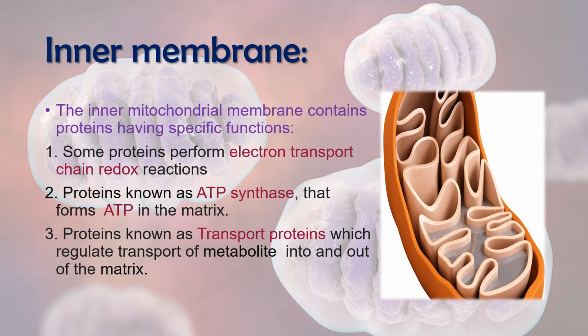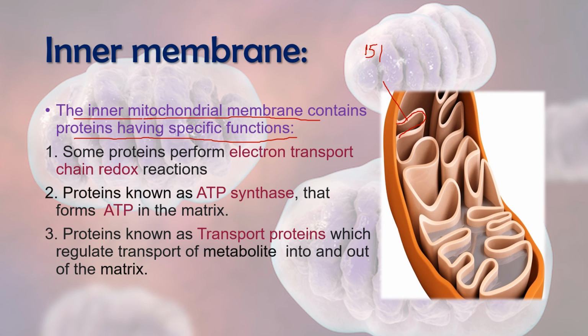As I just told you, the inner mitochondrial membrane contains about 151 different types of proteins, so they have different specific functions.